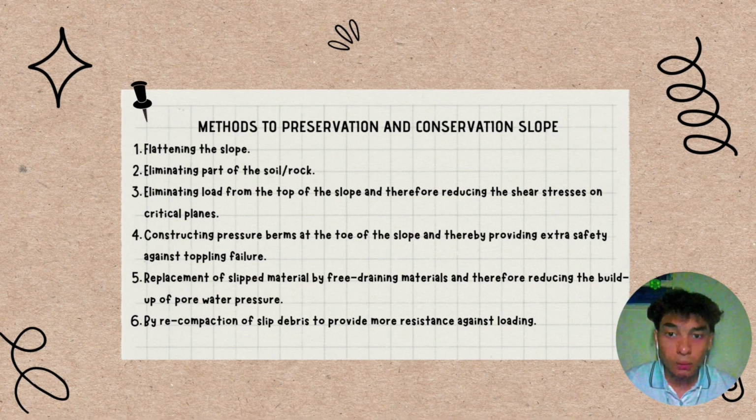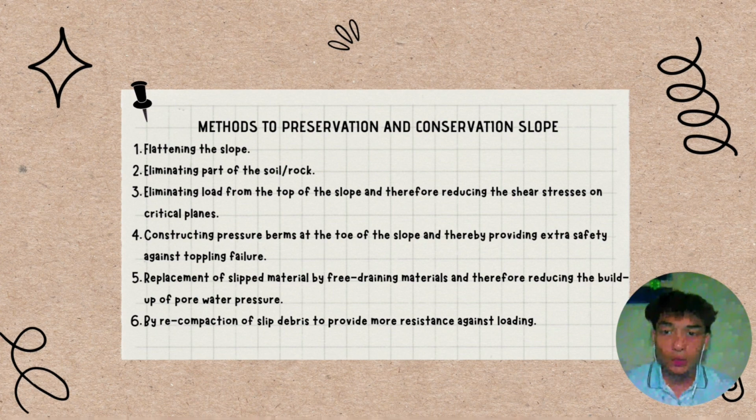Next, I will talk about methods for prevention and conservation of slopes. First is flattening the slope. Second, eliminating part of the soil or rock. Third is eliminating load from the top of the slope and therefore reducing the shear stresses on critical planes.